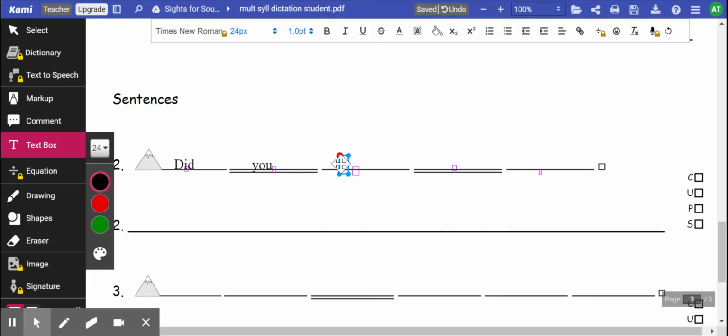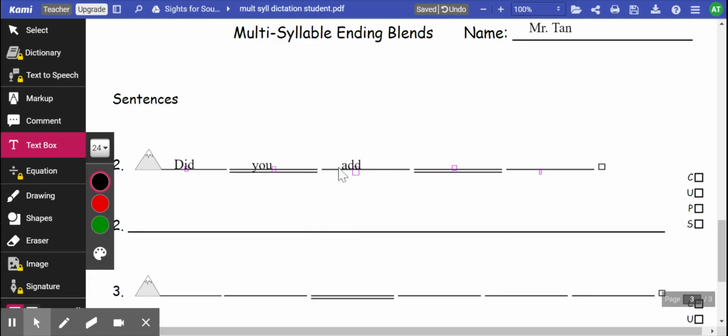Next word is add, sound by sound, add. And in this case, it ends with 2 Ds. So add, 2 Ds. Next word is or. Or. Oh, Mr. Tan made a mistake. Oh, it's actually add is down here.